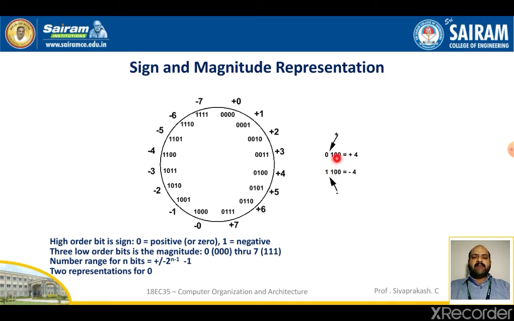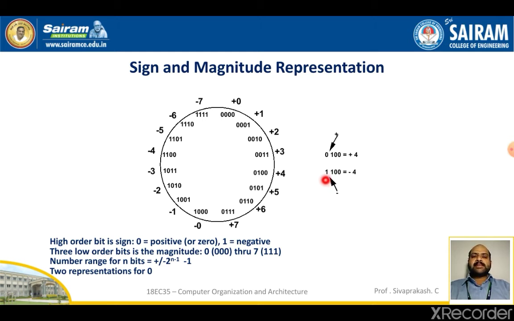Meanwhile, the MSB bit of this 4-bit data is going to have a 0 or 1, isn't it? So 0 represents a positive value and 1 represents a negative value. Whenever we see data with an MSB bit of 0, that number is a positive number, and if the MSB bit is 1, it is a negative number.